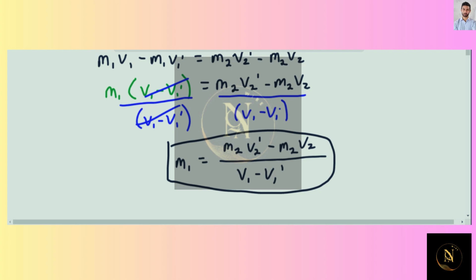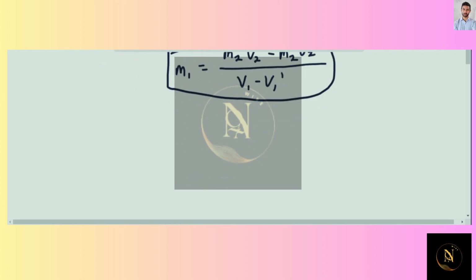The next thing we can do is we can isolate v sub 1. So if I start with v sub 1, again, let's write down our equation. We have m1 v1 plus m2 v2 equals m1 v1 prime plus m2 v2 prime. So the first thing, I notice that v sub 1 only occurs in this first term.